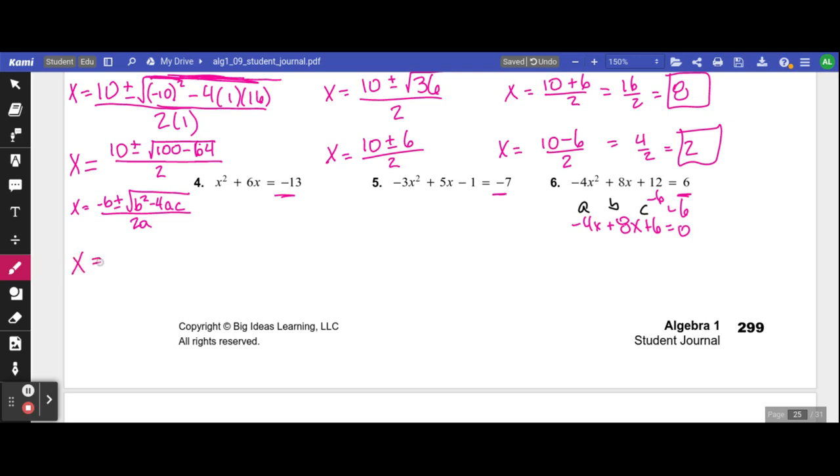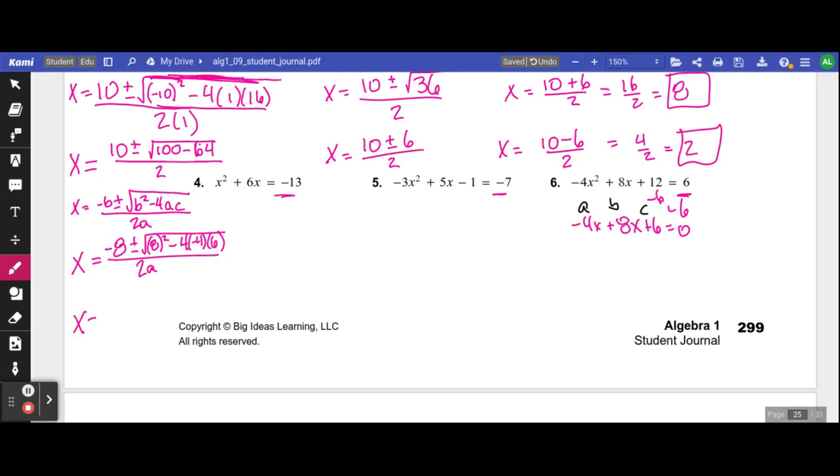Alrighty, so my B is 8, so negative B, the opposite of B, is going to be negative 8. Plus or minus, I've got B squared, so 8 squared, minus 4AC. So minus 4 times negative 4 times 6, all over 2A.